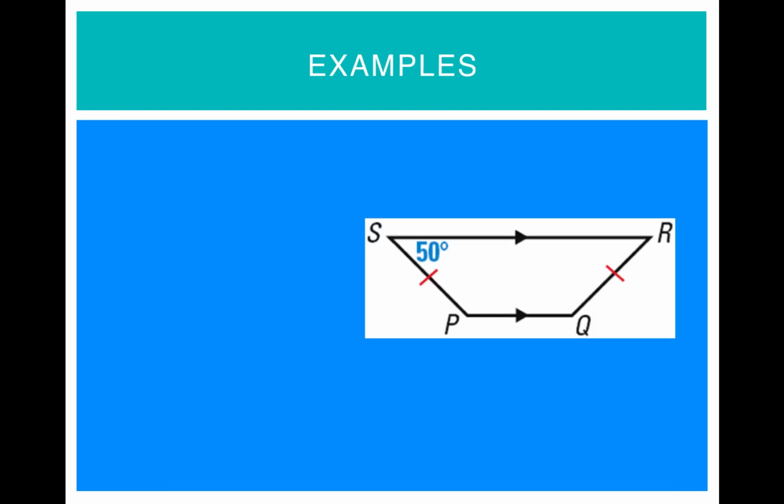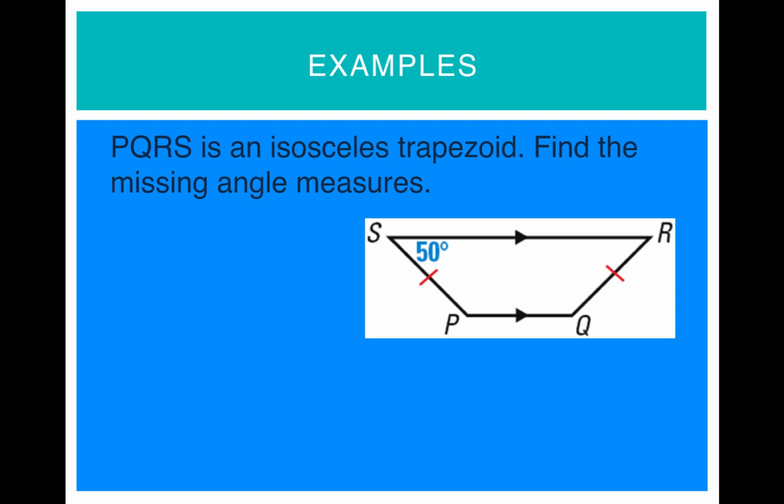Okay, let's do some practice problems. PQRS is an isosceles trapezoid, meaning the two legs, not the bases, are congruent. Find the missing angle measures. Well, let's see. From theorem 6.12, base angles are congruent.